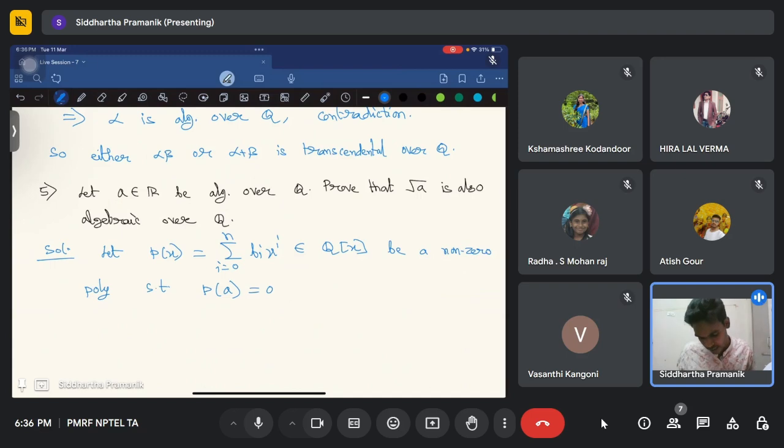So since A is algebraic, we can choose a polynomial like this.